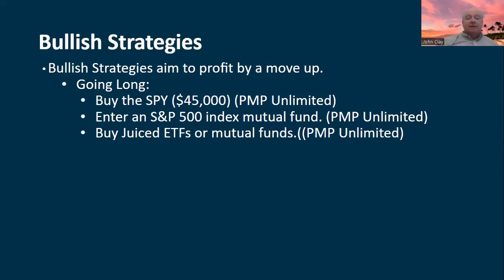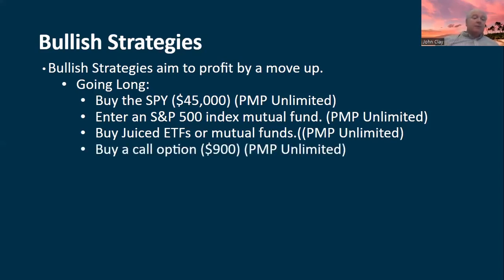And there's virtually unlimited potential when you're buying low and selling high, because there's no limit to where it can go. You can buy a call option. At the time I prepared this, a call option that's 30 to 45 days out into the future, around the 450 level for the S&P, would cost you about $900.